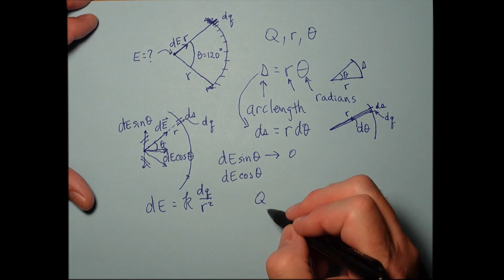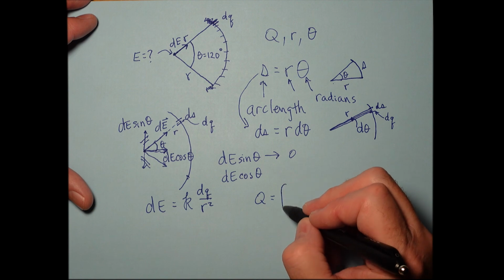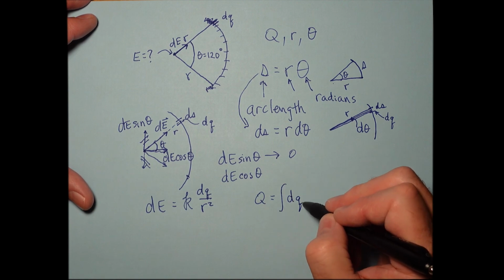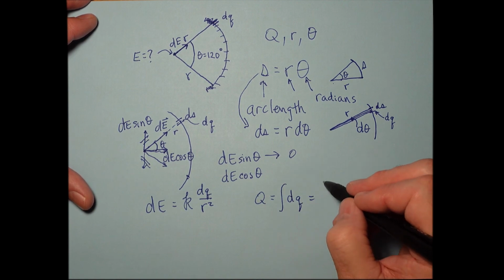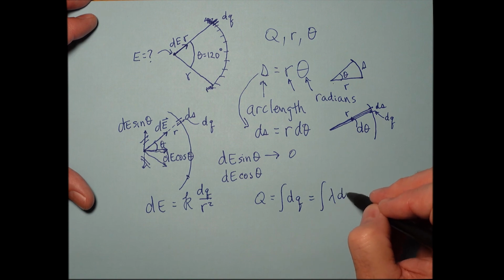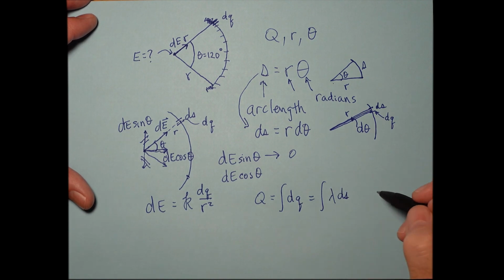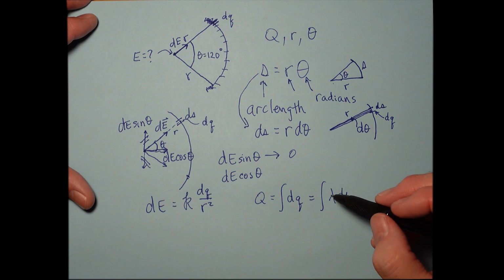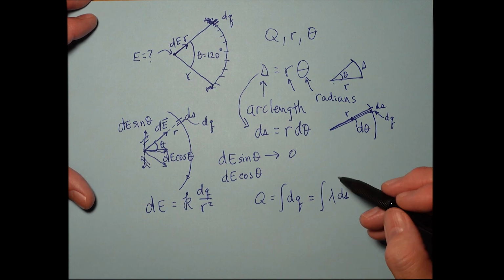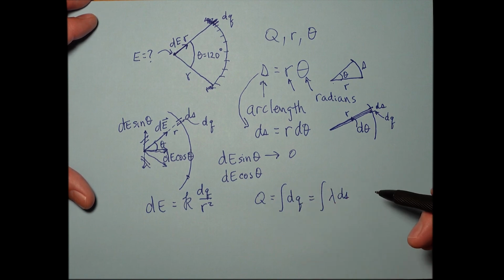Total charge q, if we were to integrate all of the individual dq's, is just the integral of lambda over all the ds's. Lambda is going to be a constant, so if we were to integrate this, we would get the total charge along our arc length.